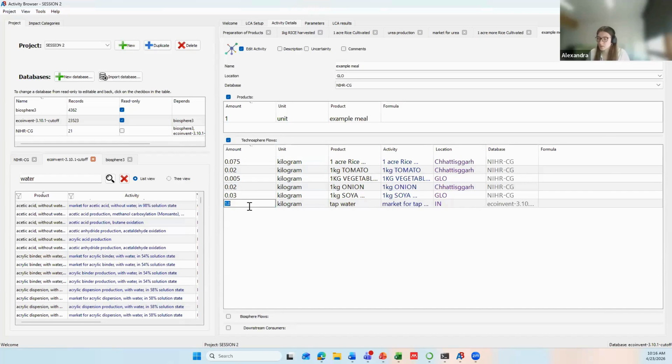For tap water, let's assume a kilogram of water is 1 liter, so it would be 15 kilograms. So yeah, that's one meal.